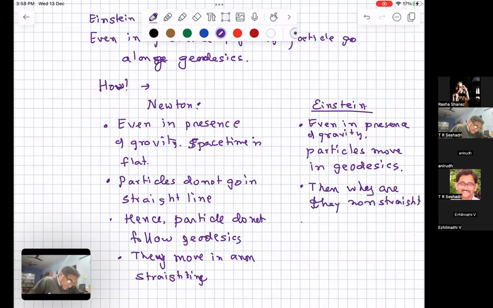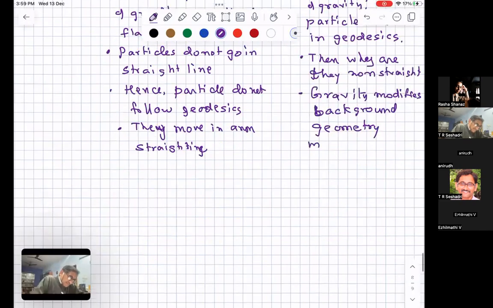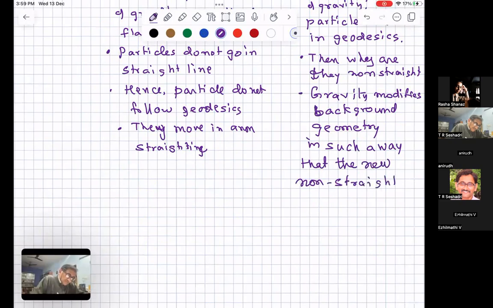For this, Einstein said gravity modifies the background geometry in such a way that the new non-straight path is the geodesic of the new geometry.